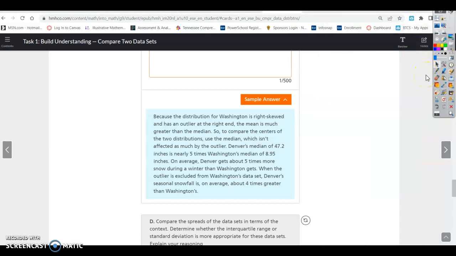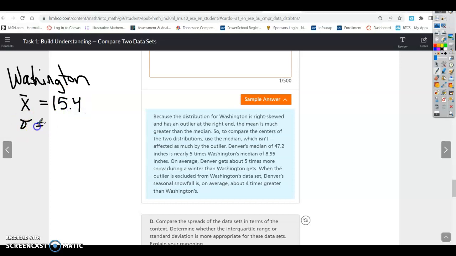All right, so I have already looked these up, and so I'm going to write these down here so we can look at the data. So for Washington, the mean was 15.4.